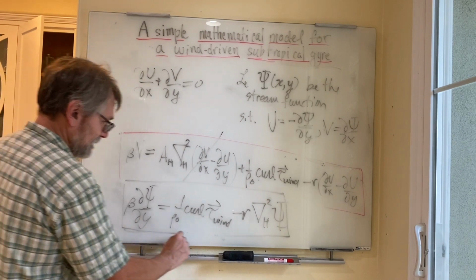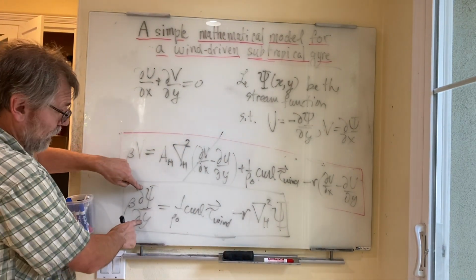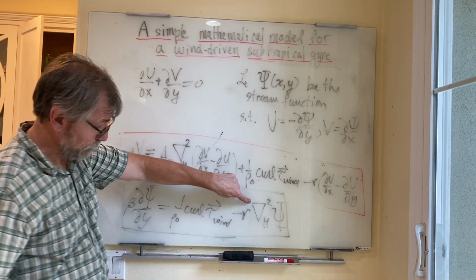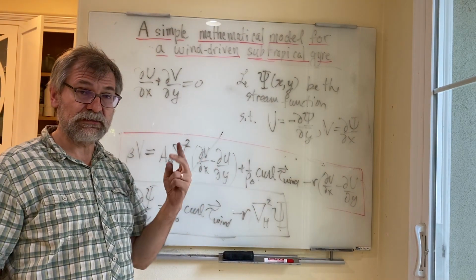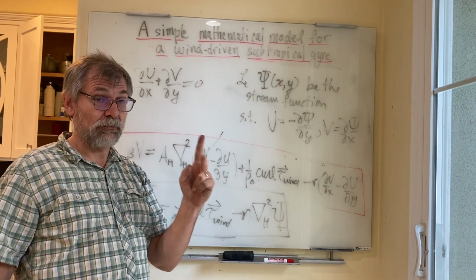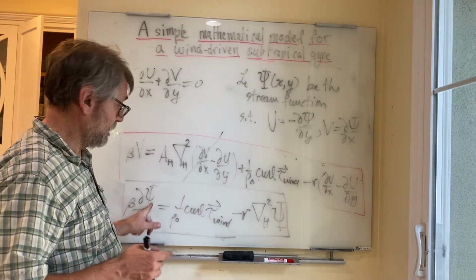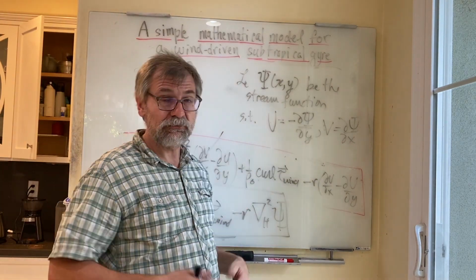And the nice thing is now this is a partial differential equation. It's got derivative with respect to y and derivative with respect to x inside this Laplacian. Partial differential equation, but it's only in one variable. So instead of having two variables, both components of the horizontal velocity, u and v, we only need to solve for one field, psi, and once we have this field, we can take its derivatives to recover the velocity field.